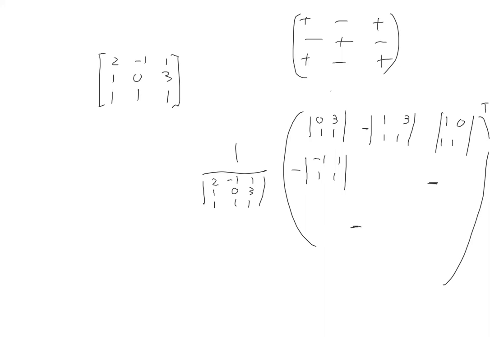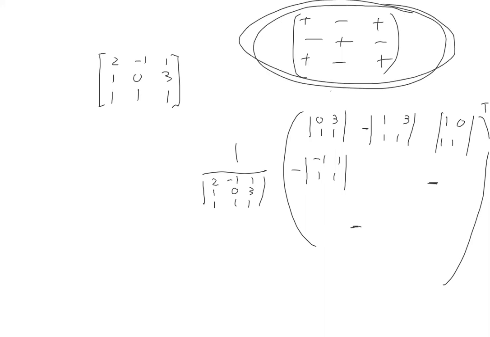Okay, when you play with determinants, you always follow this pattern. This pattern is followed when you expand. This pattern is followed when you do the explicit formula. The thing that you shouldn't forget is to take the transpose in the end, and of course to divide by the determinant. Okay?